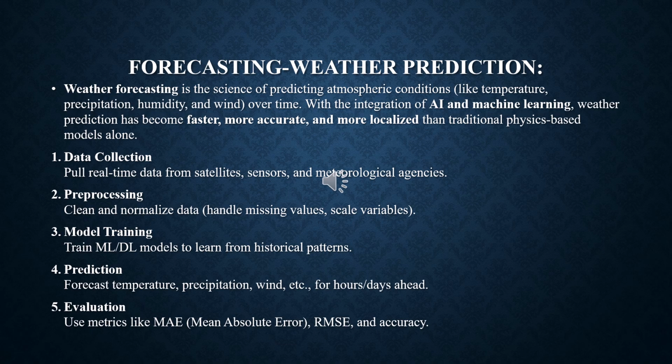Prediction means forecasting temperature and whether it will be sunny or rainy, hours and days ahead. Evaluation uses metrics like MAE, which is mean absolute error. We cannot be perfectly accurate about rain or heat, but you can analyze using the data collected from satellites and sensors. These are good examples of a case study, weather forecasting prediction.